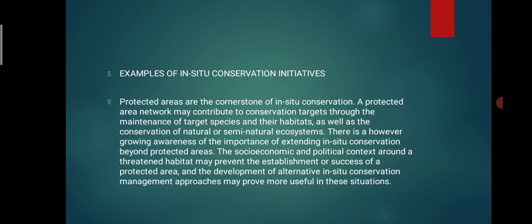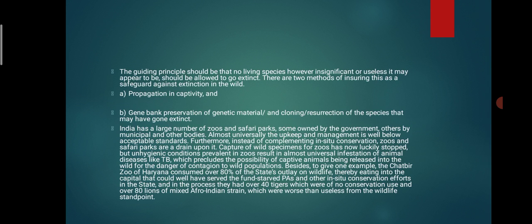An example of in situ conservation is protected areas. A protected area network contributes to conservation through the maintenance of target species and their habitat, as well as the conservation of natural and semi-natural ecosystems. That is an example of in situ conservation.